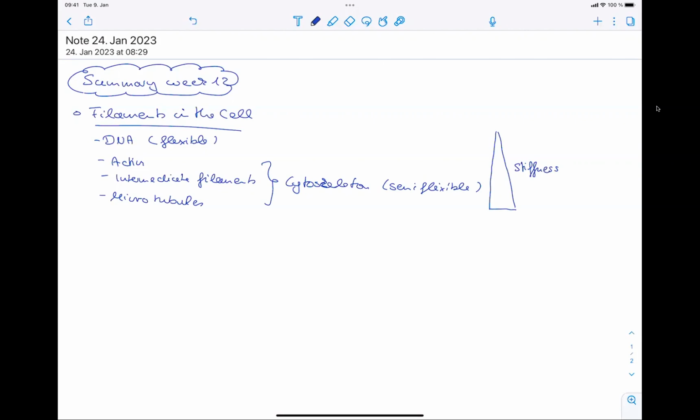And then we learned how to describe them by first of all introducing the freely jointed chain model, which is a model for flexible polymers. And here there's no energy cost associated with any configuration of a polymer.